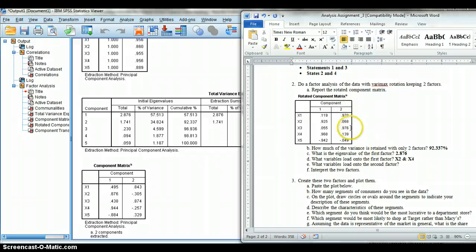All right, x1, x3. That's it. Oh, I screwed up on the first one. Also x5 loads. So x1 and x3.